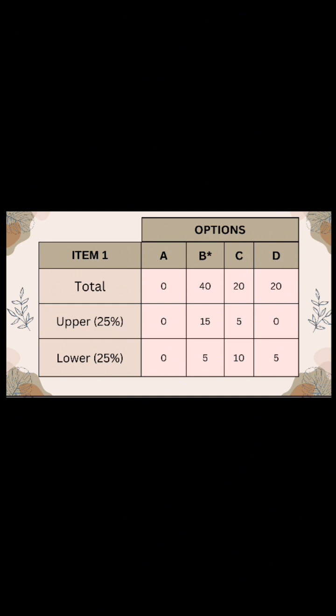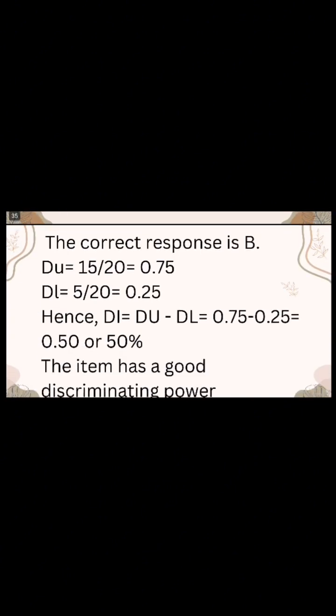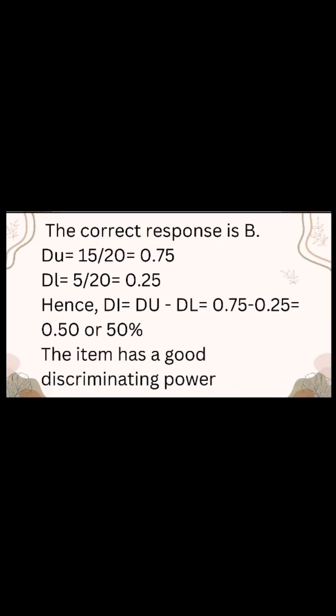How are we going to compute the discrimination index in this diagram? We will proceed using the formula I mentioned earlier. The correct response is B. DU, the upper group, is 15 over 20, which is 0.75.